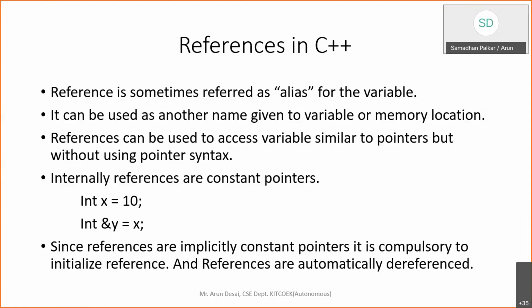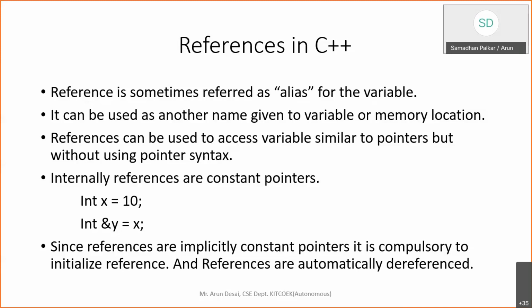whatever mechanisms are there for pointers, just like there is the address of operator, there is the value at operator, to work with pointers. Rather than this, references are simple, right?